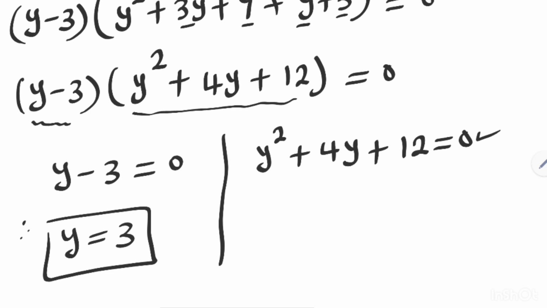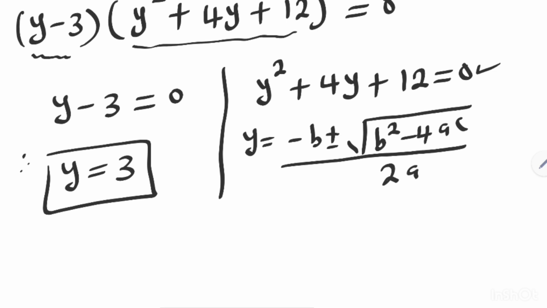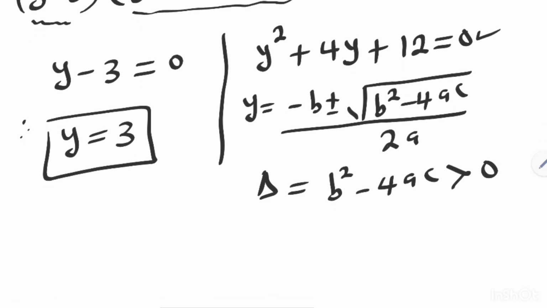Our quadratic formula gives us y is equal to minus b plus or minus the square root of b squared minus 4ac over 2a, and the discriminant D must be greater than 0 for it to be real.